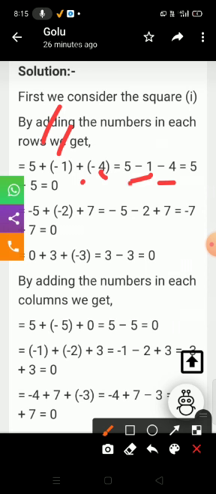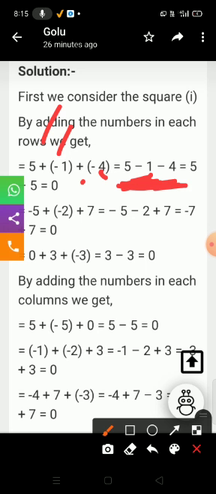Firstly you solve these two numbers: 5 minus 1 is 4, then 4 minus 4 is 0.